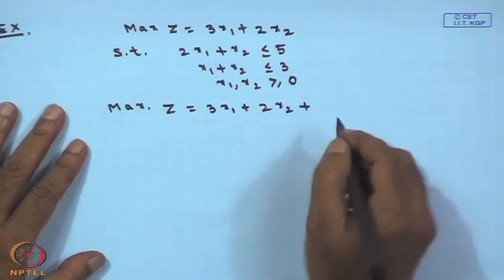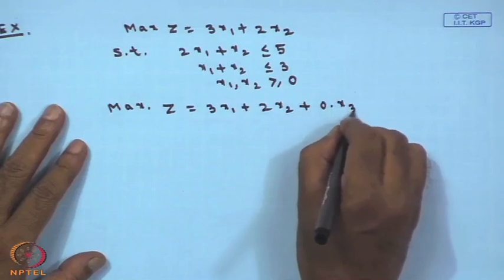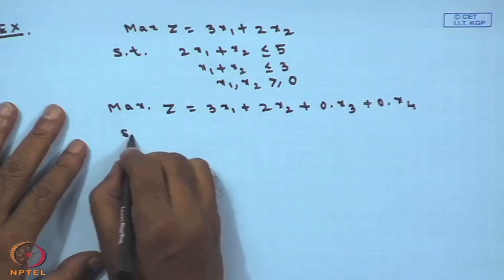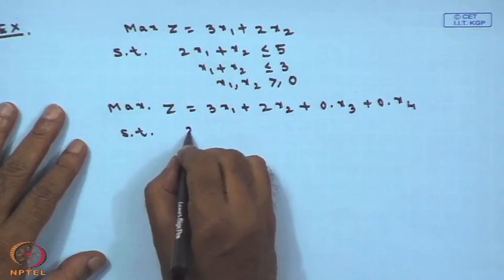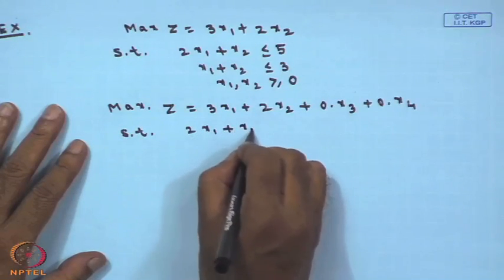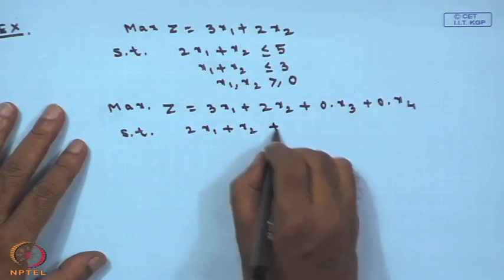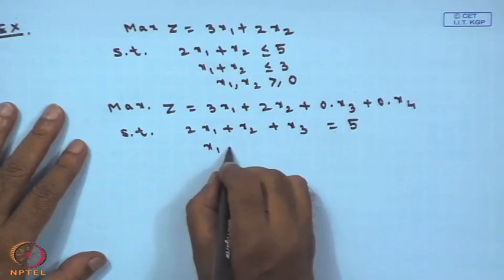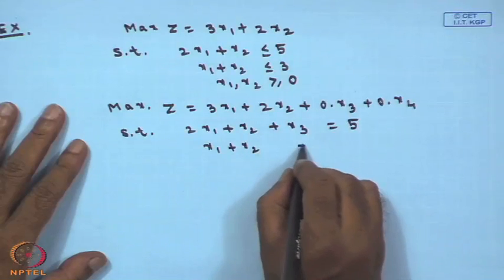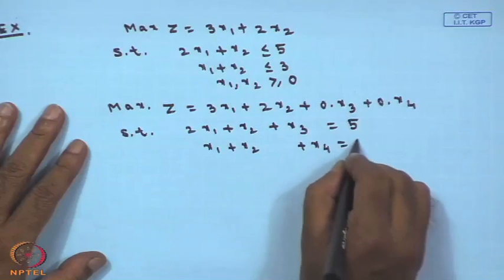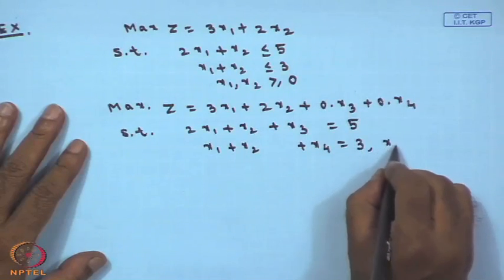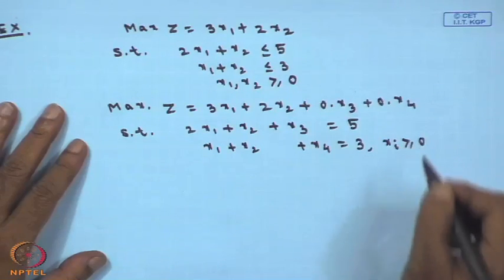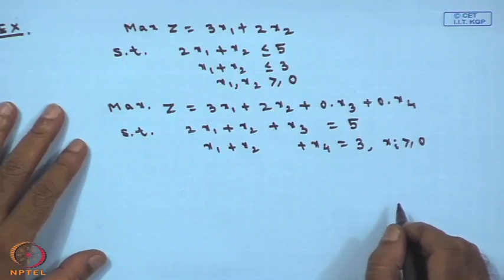Here you have to use two slack variables, so plus 0 into x3 plus 0 into x4, subject to 2x1 plus x2 plus x3 equals 5 and x1 plus x2 plus x4 equals 3, and obviously xi greater than or equal to 0 where i equals 1, 2, 3 and 4.